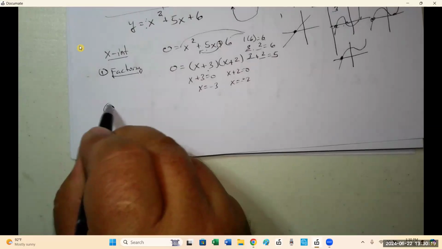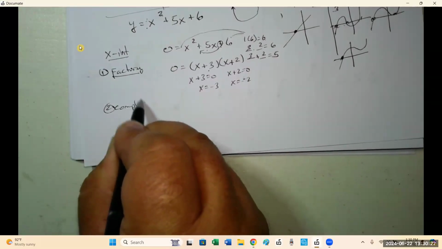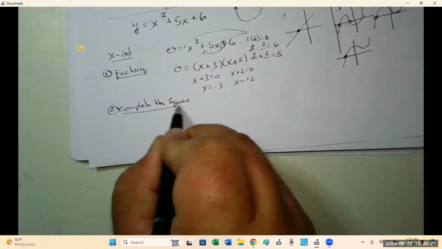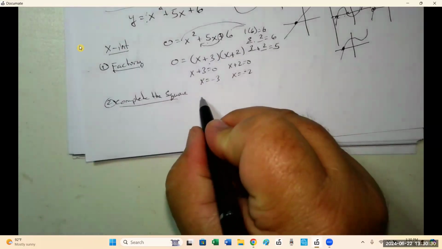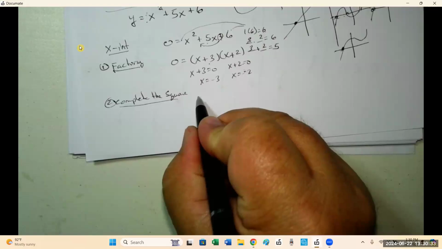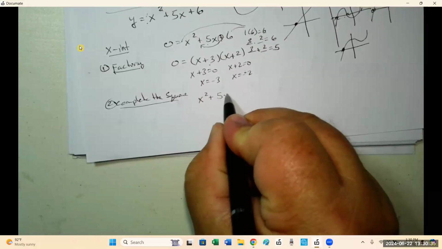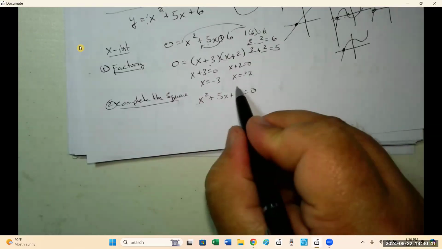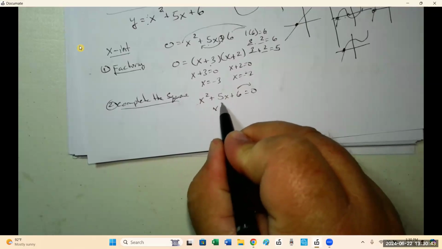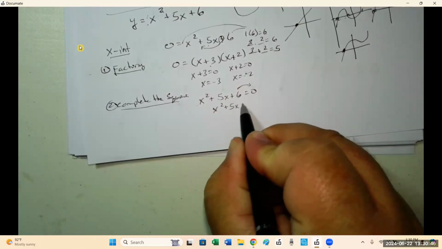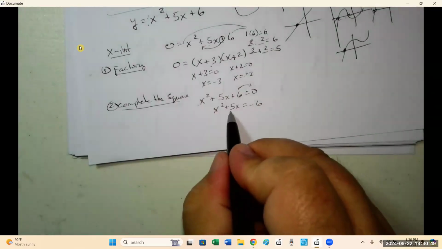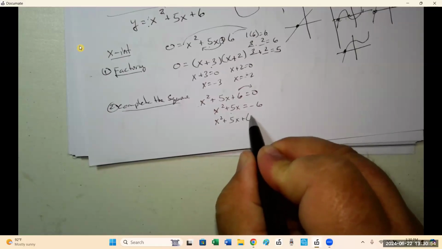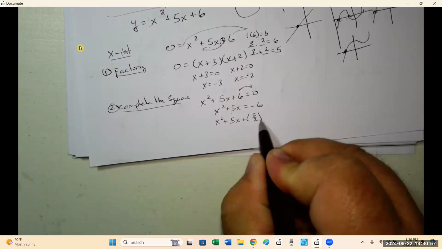We could do complete the square. For complete the square, remember, it has to be in standard form, and the leading term has to be 1. So first step, move the constant term. Then we have to add b over 2 squared to both sides, and b is whatever is in front of the x.